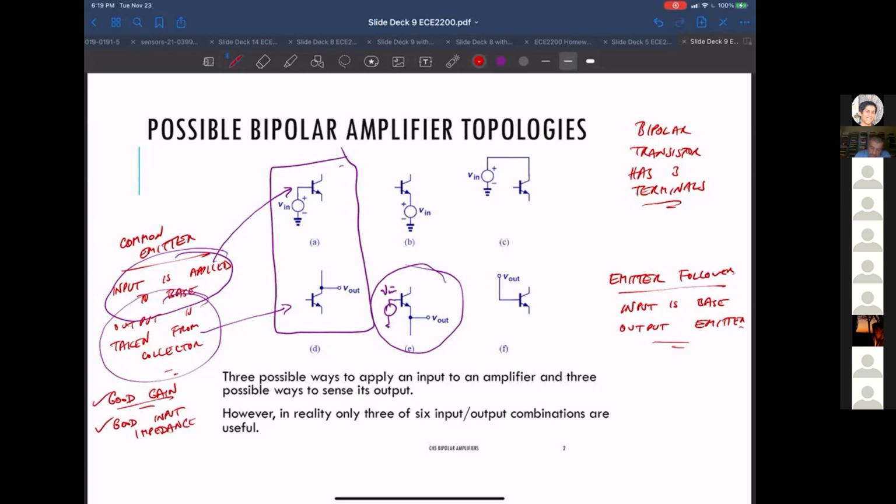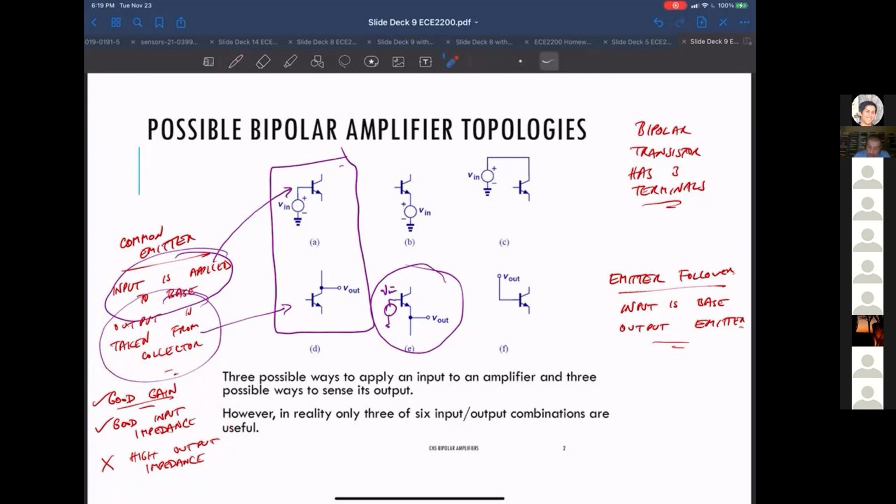So high, but the bad thing is it has high output impedance, so it's not particularly good to drive low impedance nodes.